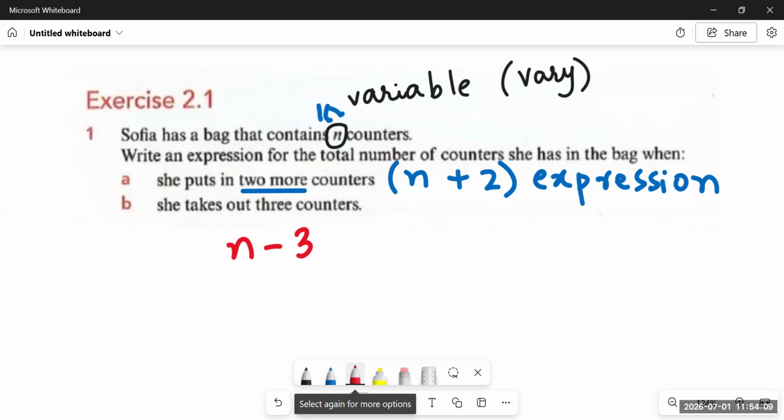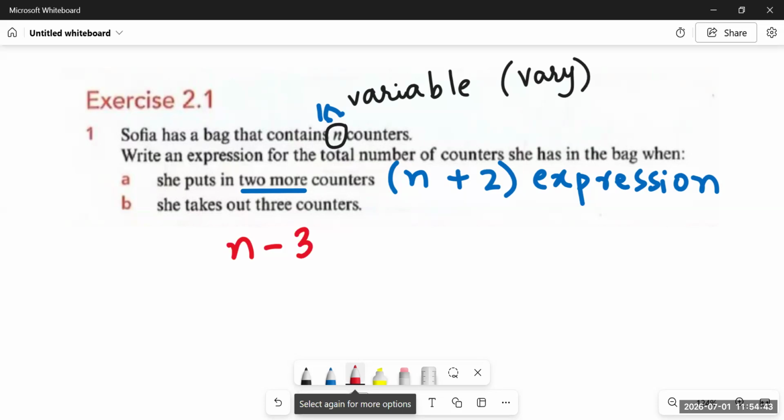So what have we learned in this question so far? It is about the variable, then an expression, and how to form an expression using unknown numbers. So students, we can conclude over here that in algebra, we can use letters to represent an unknown number, okay? And that is called a variable. An expression contains numbers and letters, but not an equals sign. Okay, there is no equals sign.